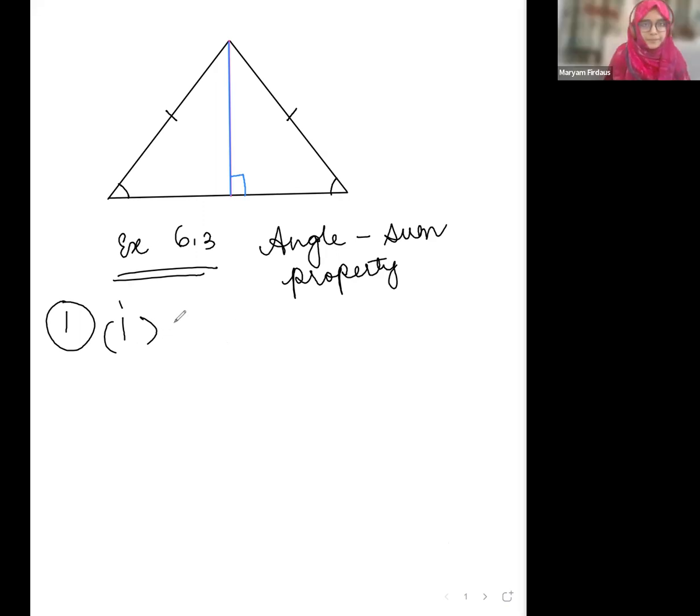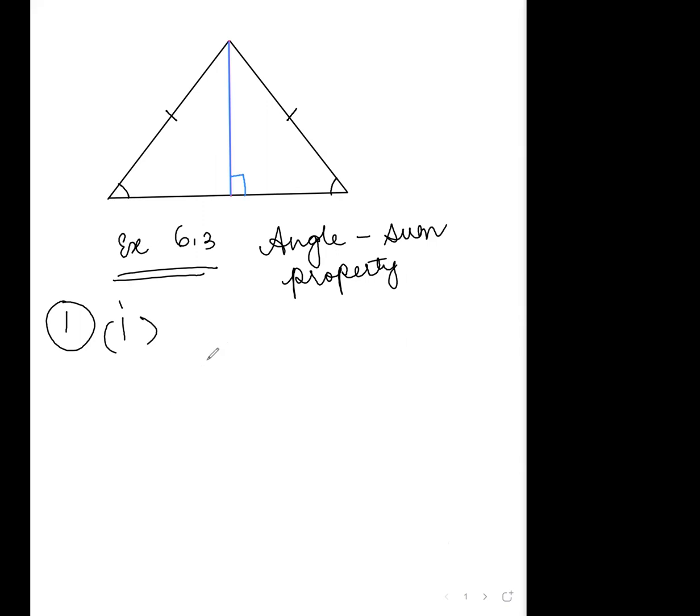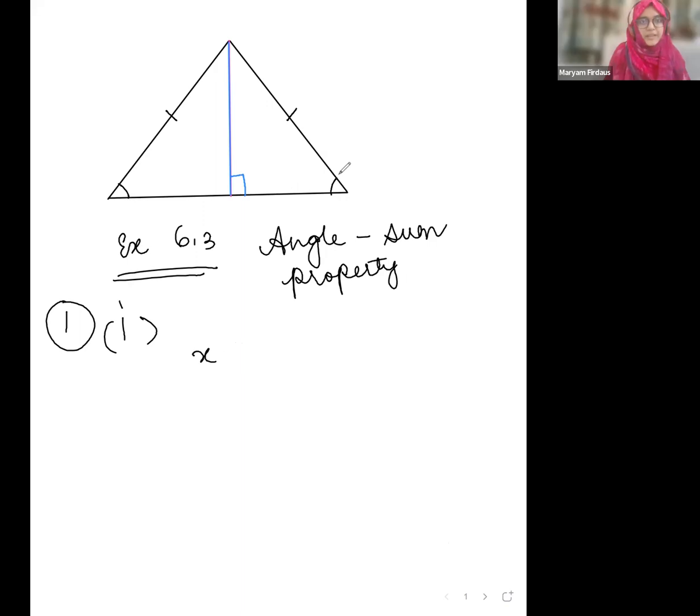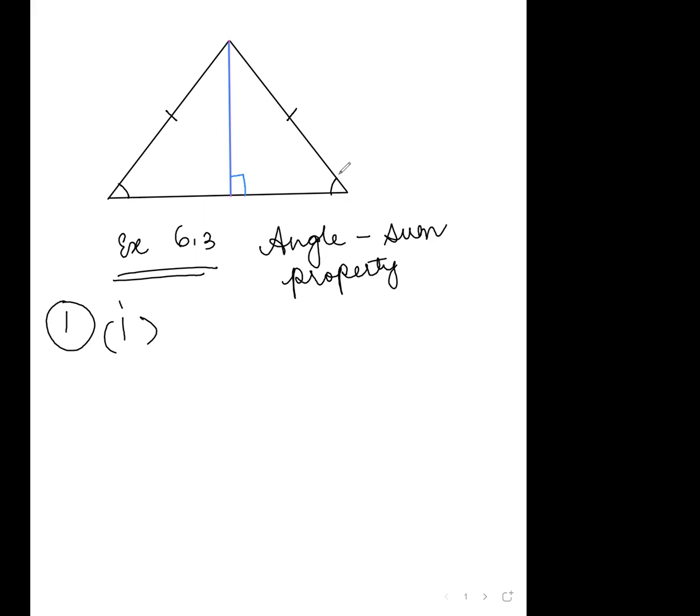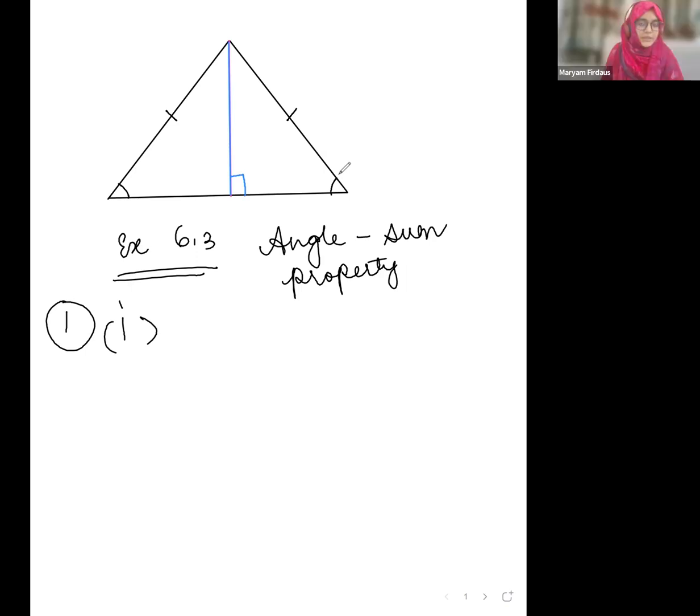Guess, Hiba. First one, X plus 50 gives 60. Okay. Hiba, what does angle sum property say? The sum of the interior angles is 180. What are the interior angles?